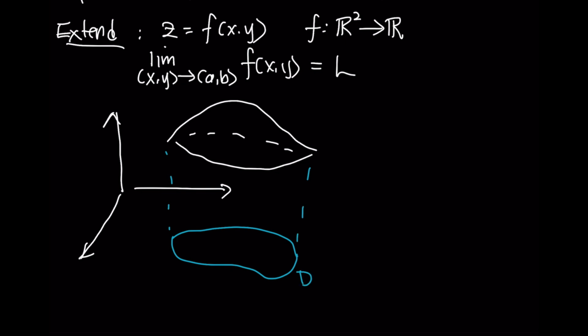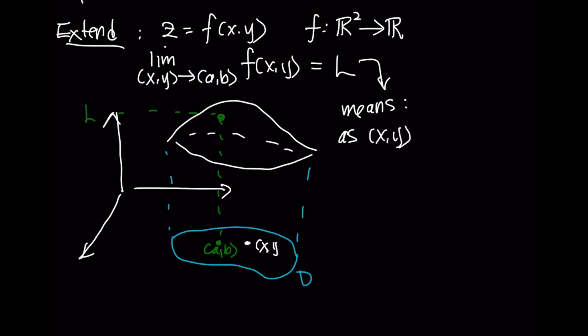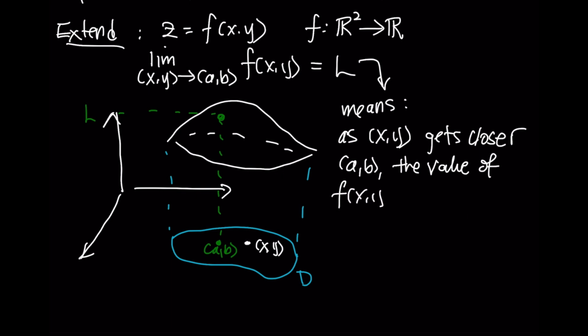If we are interested in the limit at a certain point, that means we're taking a point (a, b) in this domain, and we're trying to talk about whether or not the function gets closer to this value L. This notation for limit means take any other point x and y in this domain, and as that point gets closer to the location (a, b) that I'm interested in, the value of this function f of x and y gets closer to L.